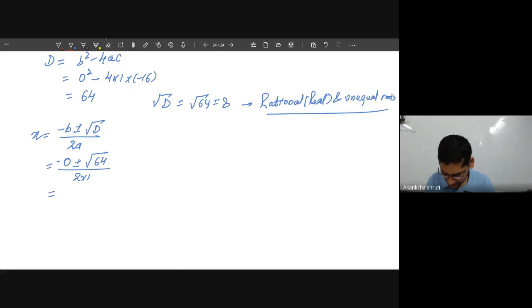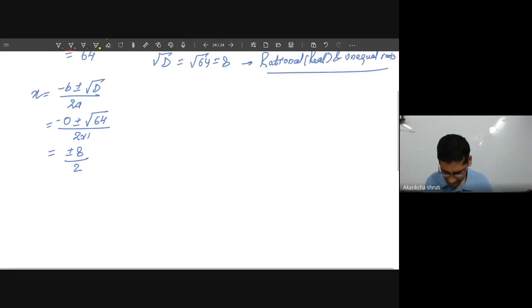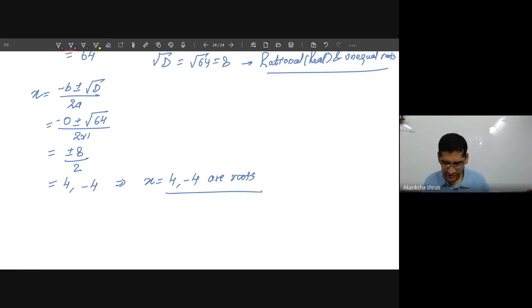So it was plus minus 8 by 2. So it is plus 4, minus 4. Therefore, x is equal to plus 4, minus 4 are the roots. Nature of roots, we have already written.